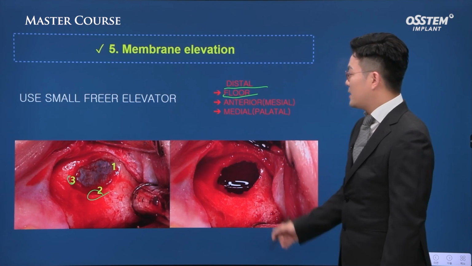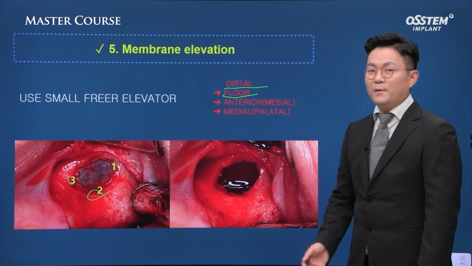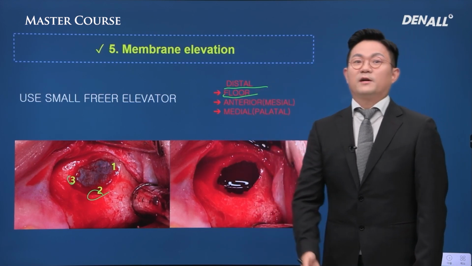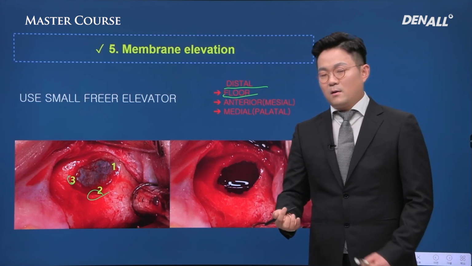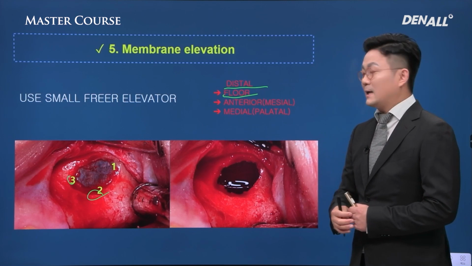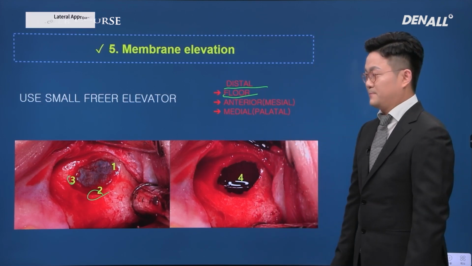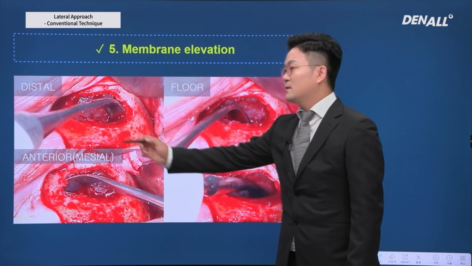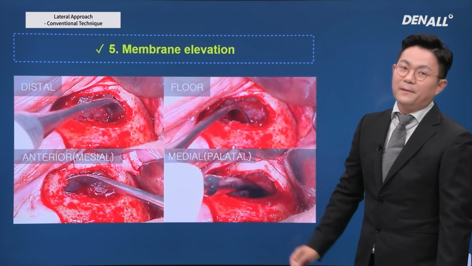If you start with the medial or palatal side, there's a lot of high tension. From closer to the wall, where it's easier to access, the connection strength from membrane to bone is the lowest. Hence, the distal area should be your starting point. So always from distal, then floor side, then anterior side, and then lastly palatal side.